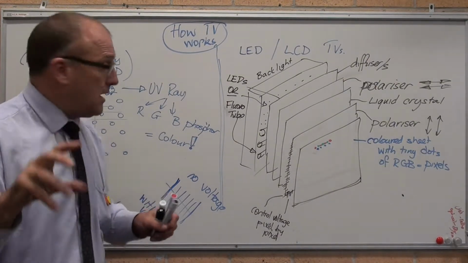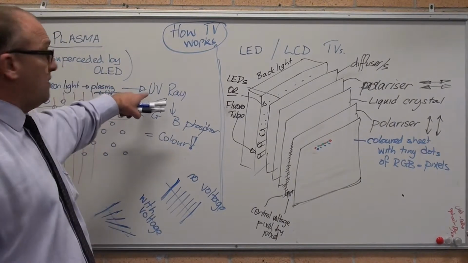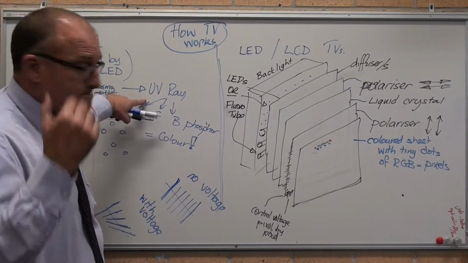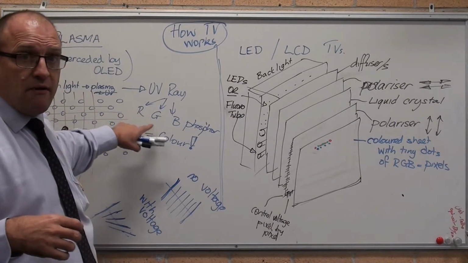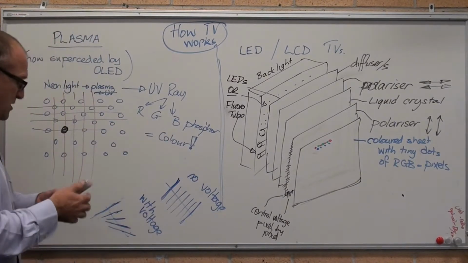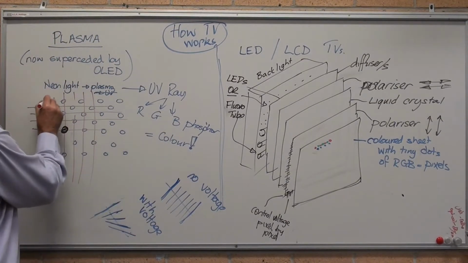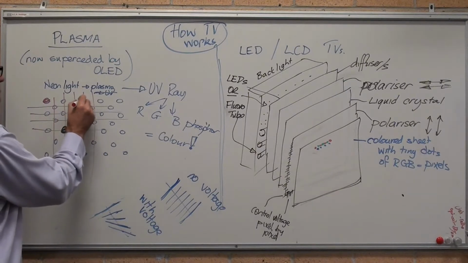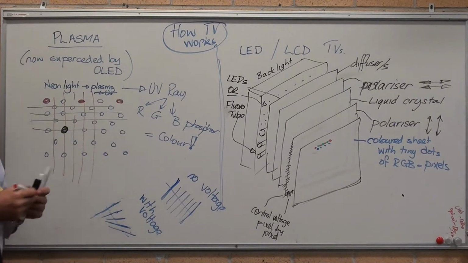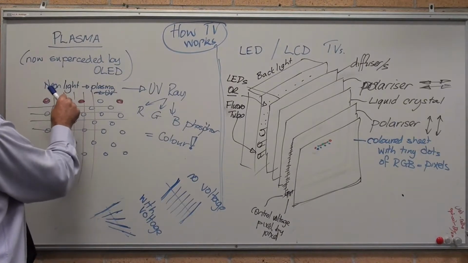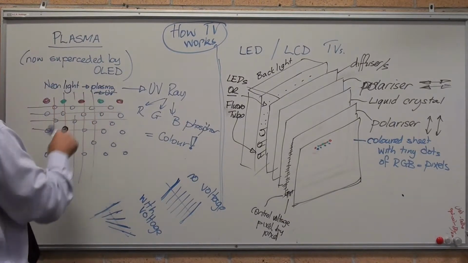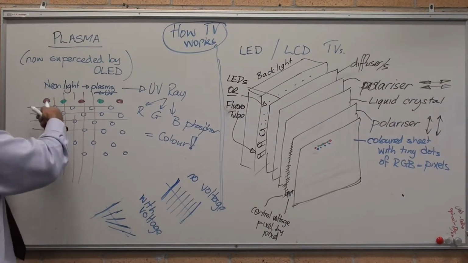Release a plasma. That plasma light released a UV ray, which then hit a red, green or a blue phosphorus. So this one might have been red, red, red. That one might have been green. This one might have been blue.